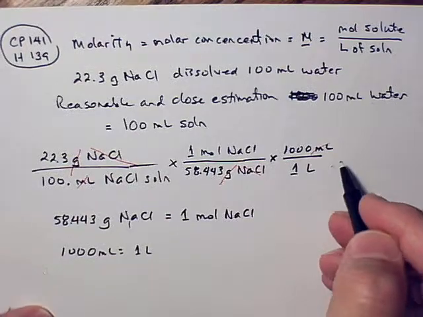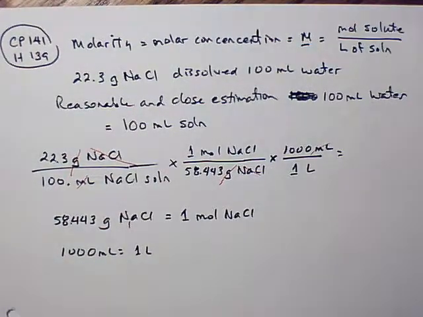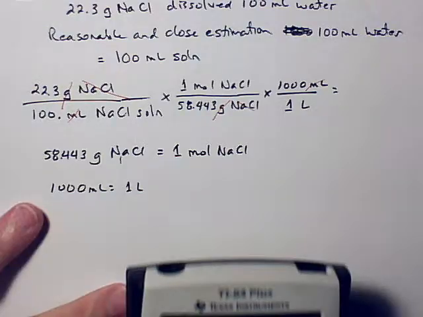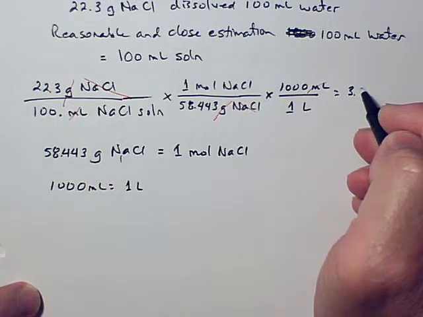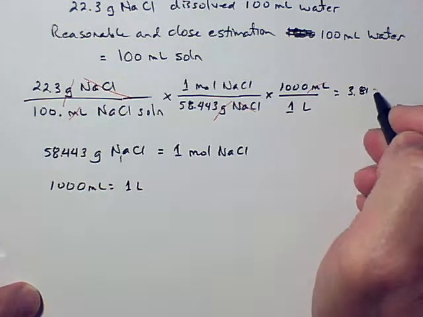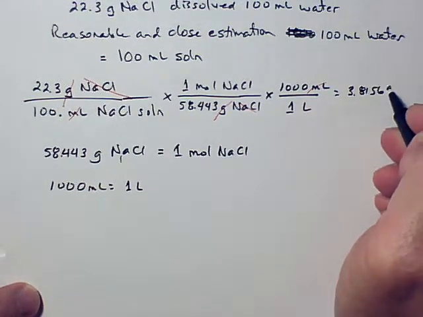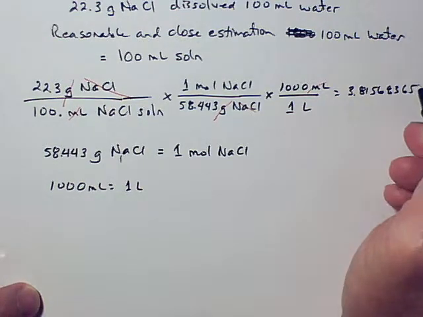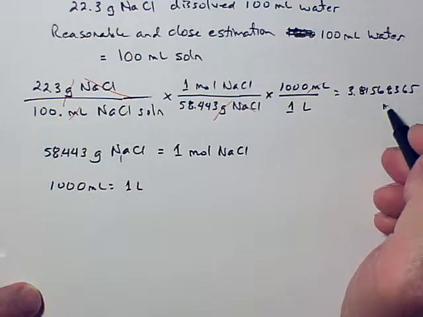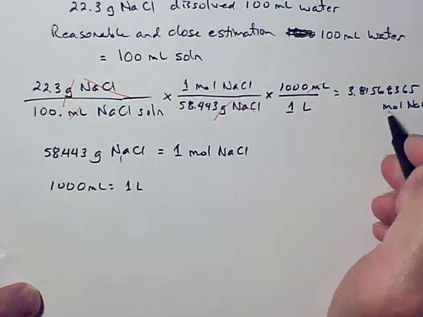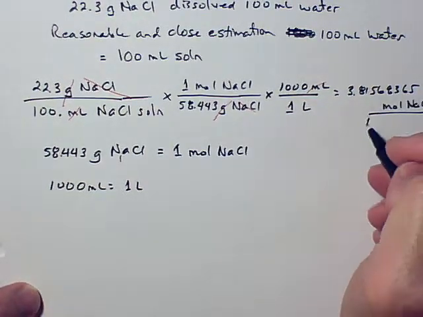Do the math. 3 point what? 3.8568665. Okay. Now that's moles of NaCl over liters of NaCl solution.